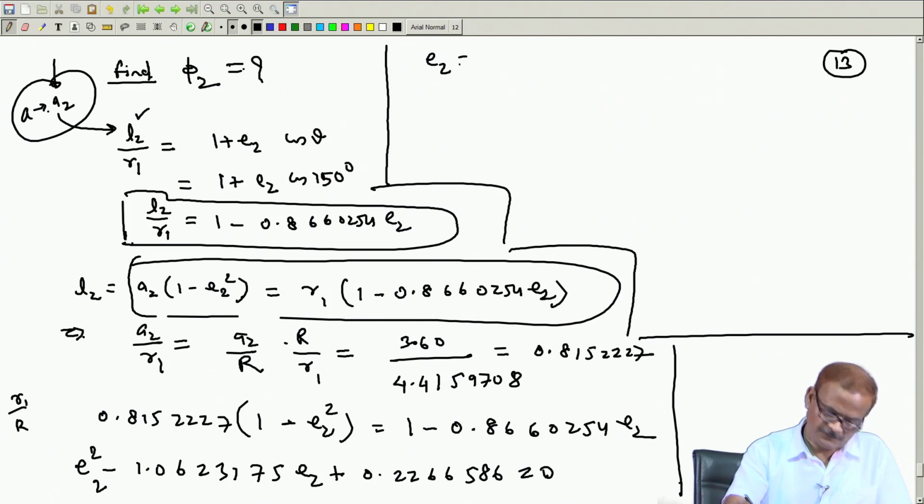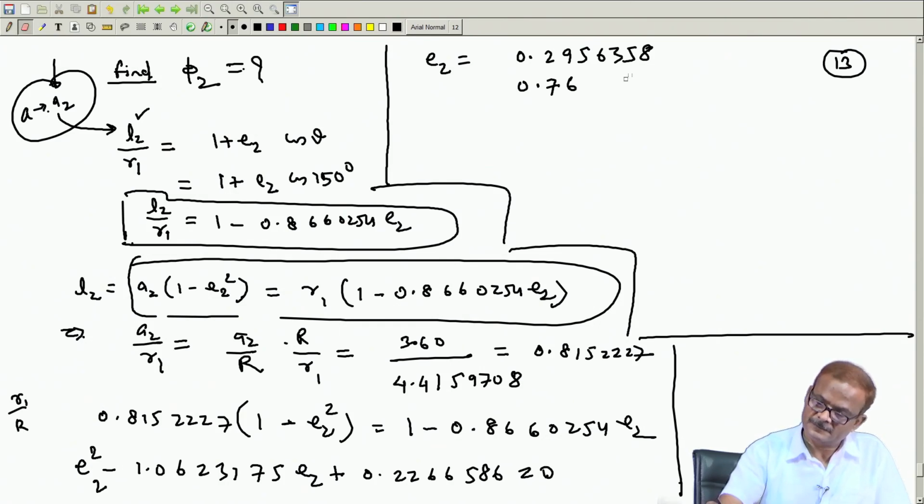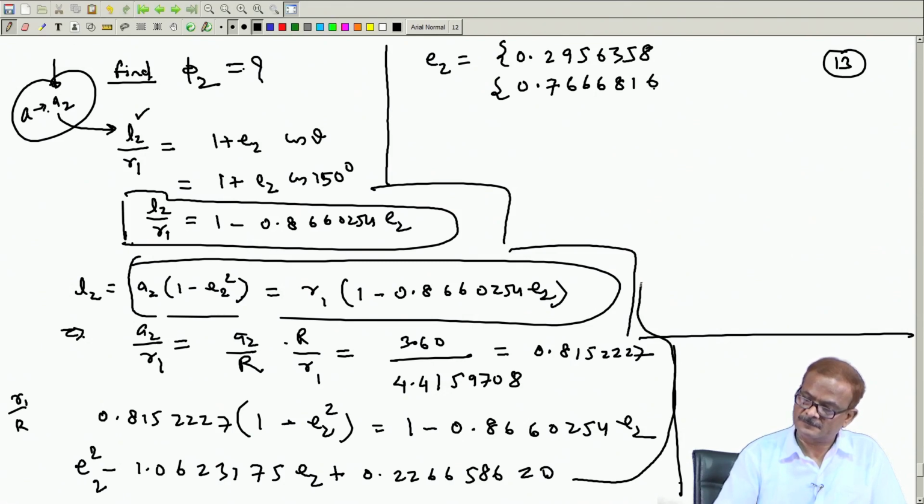So, the solution for E 2 is then 0.2956358, because it is a quadratic equation. We will have two values for this, and the other one comes out to be 0.7666816. So, these are the two values of E 2 which come from this equation.